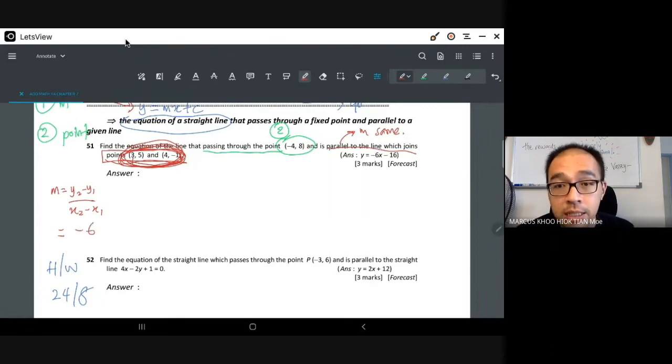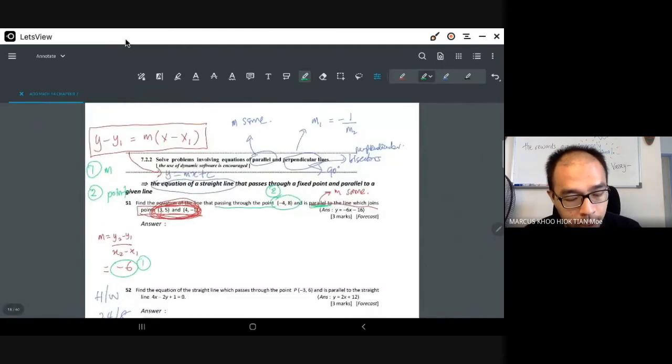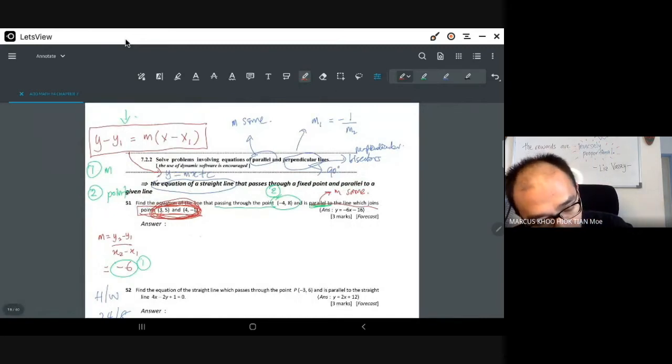So now we have the gradient, which is -6. Parallel means the same gradient, so no need for extra calculation. We have the gradient and we have the point, so we can put it inside this formula, y minus y1 equals m(x minus x1).